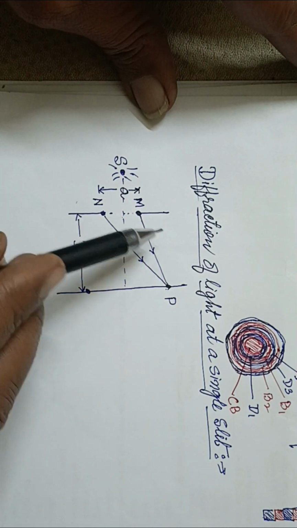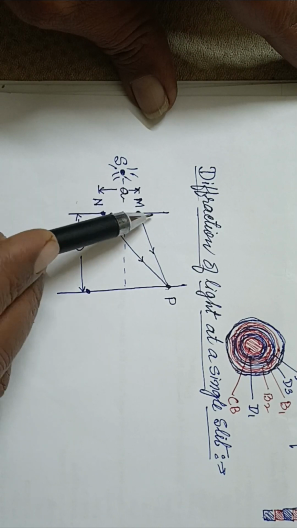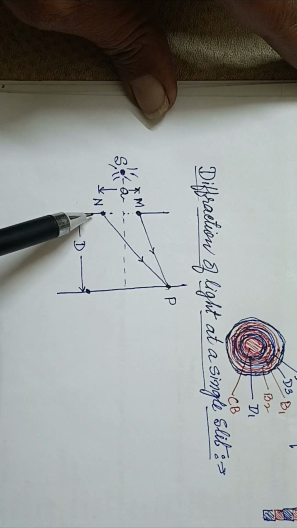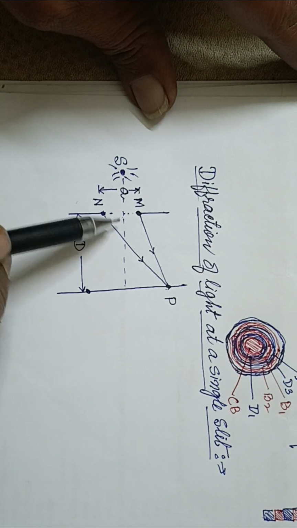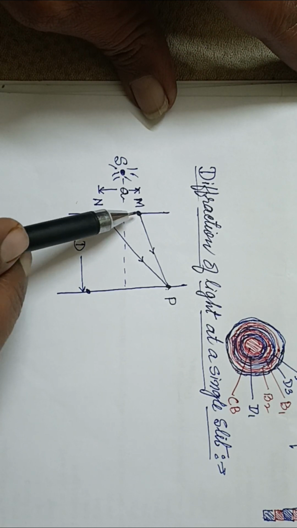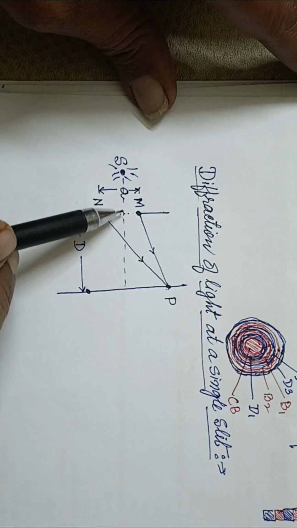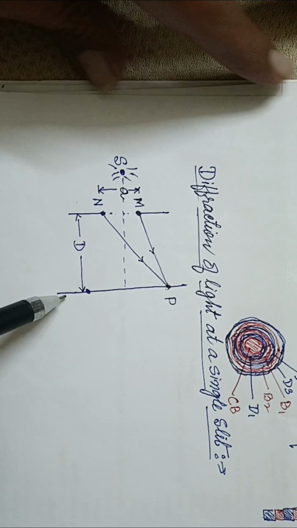For that, suppose there is a source of light, and we have placed a slit in front of that light source, and the light is passing through this slit, and in front of that we have placed one screen.